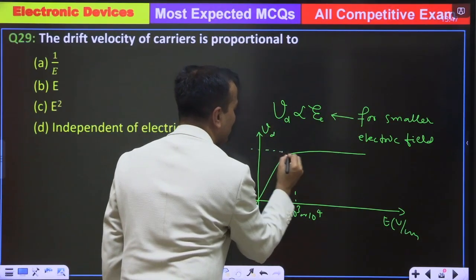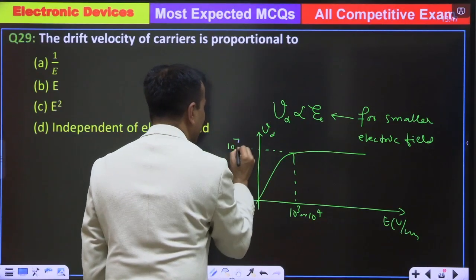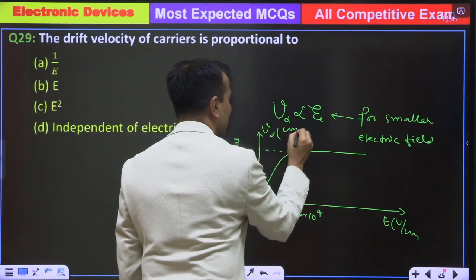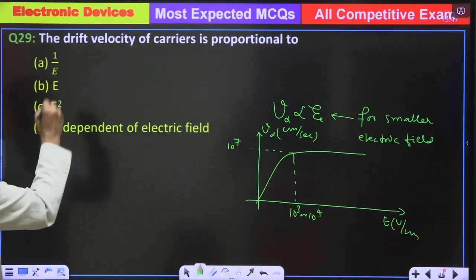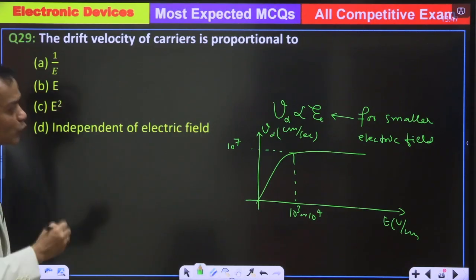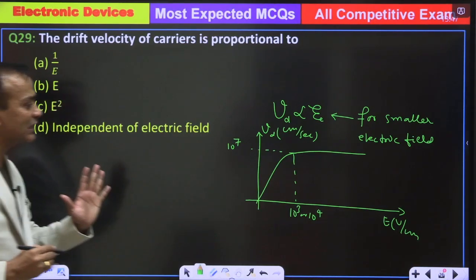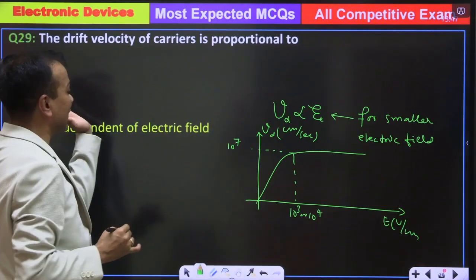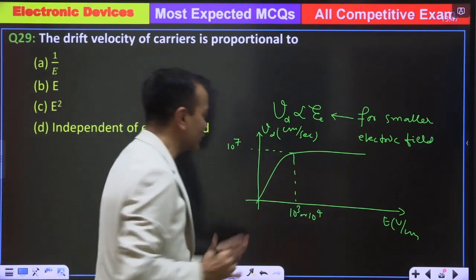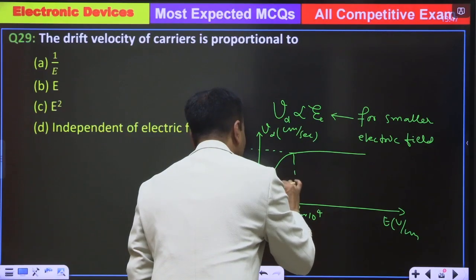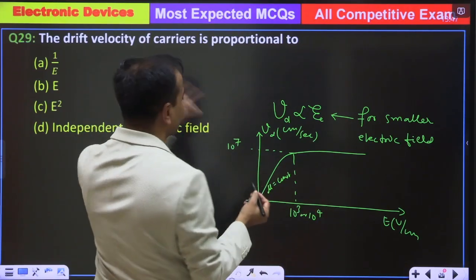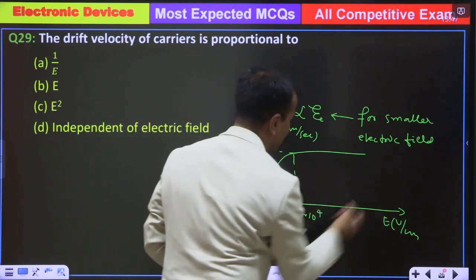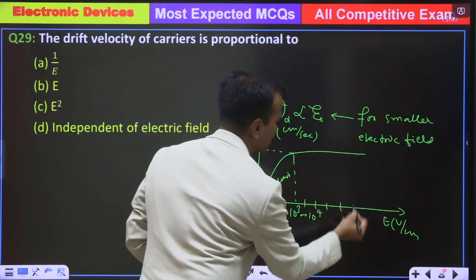This point will be 10 raised to 7, with the unit of centimeter per second. So here we can say the drift velocity of carriers is proportional to electric field only in this region. In this region, the mobility is constant. Now if you see, the drift velocity is not even changing if we go to this region.